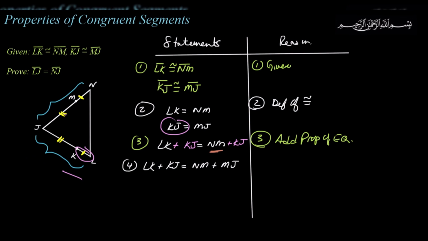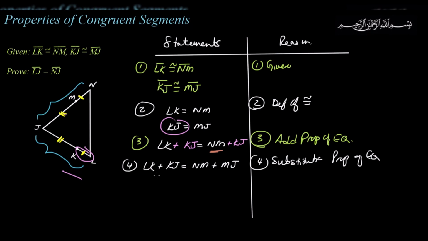Okay, cool. Now this is from the substitution property of equality for real numbers, because we're dealing with real numbers here, because that's why they're all equal signs. They're not congruent.